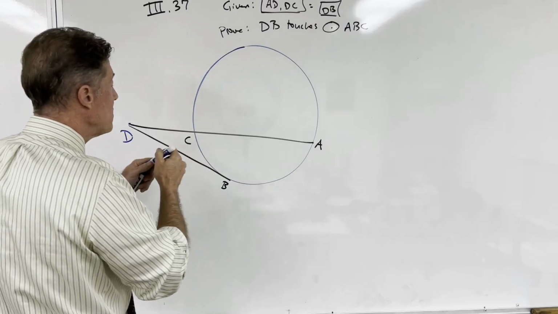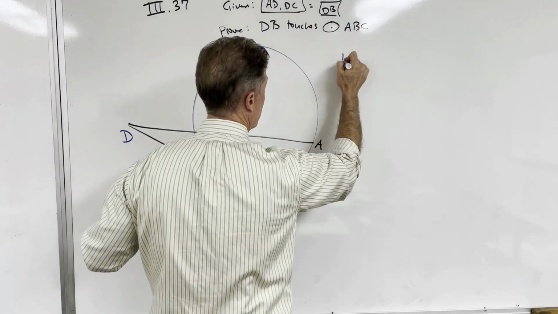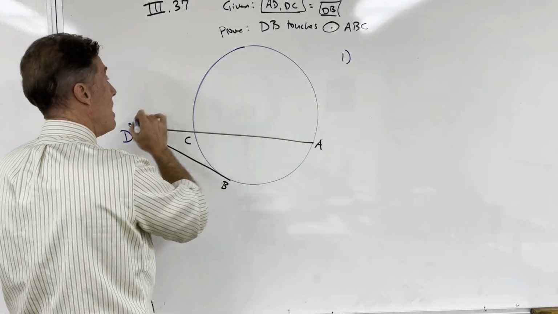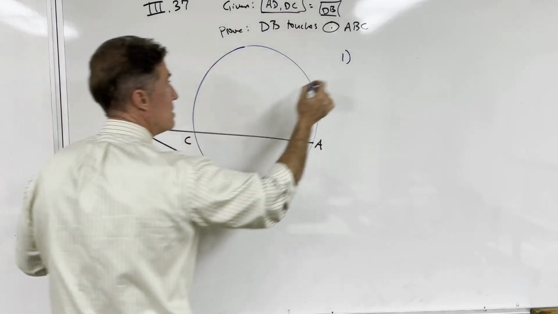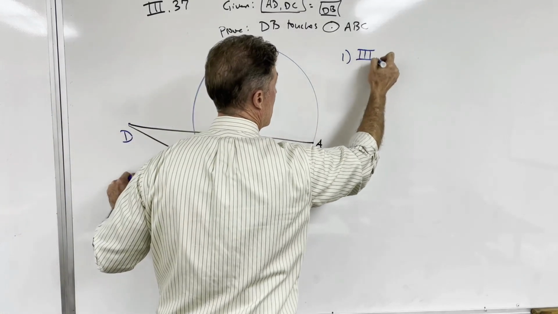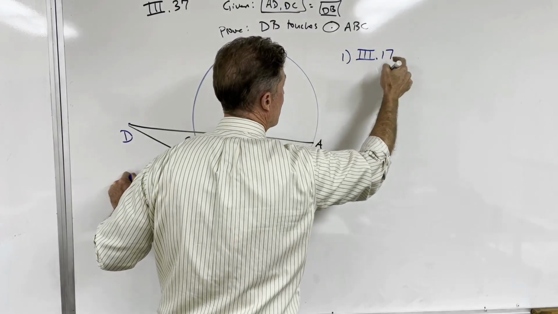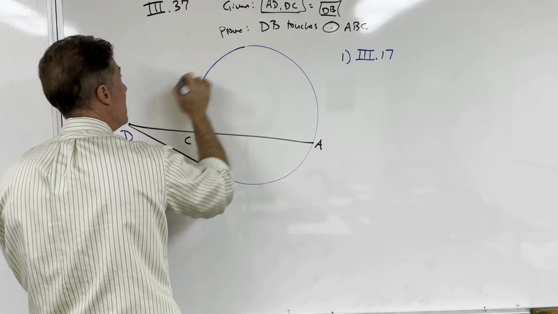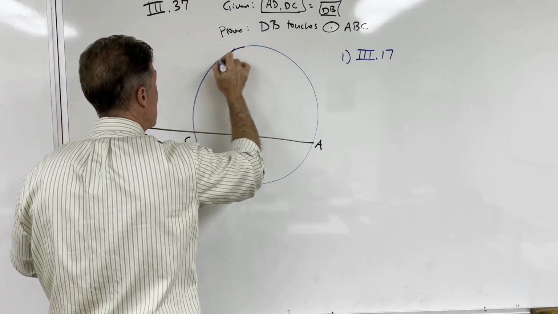Okay, so the first step in this proof is to draw a line that we know touches the circle. So using Book 3, Prop 17, from any given point, we can draw a line that touches the circle.